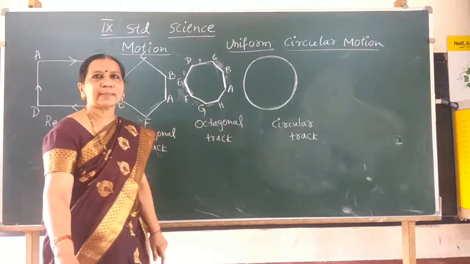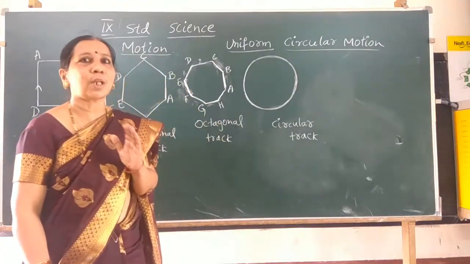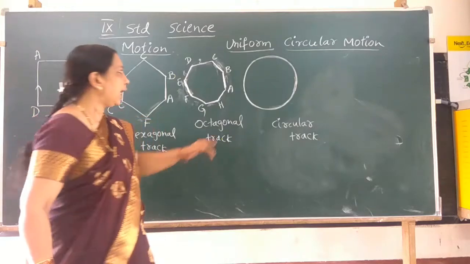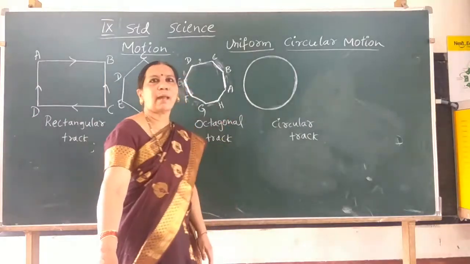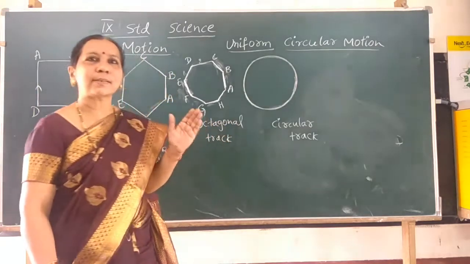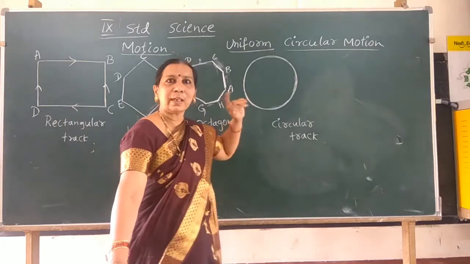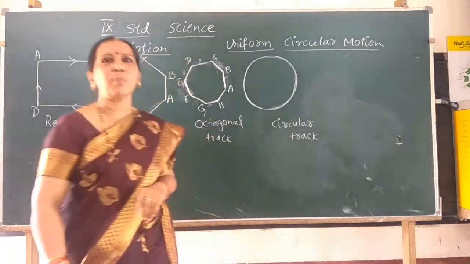As the number of sides increases, the shape of the track approaches the shape of a circle, and this is a circular track. So what happens here? The length of each side decreases to a point.